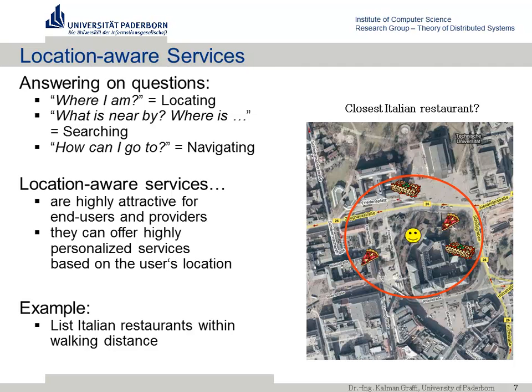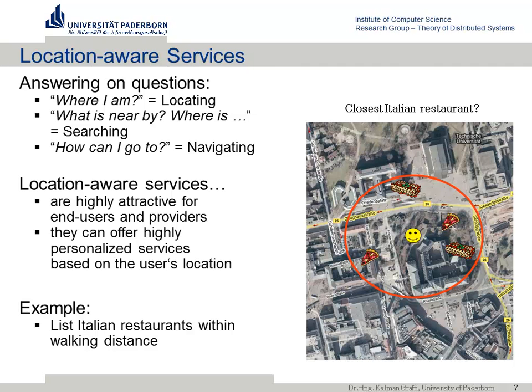And these kinds of location-aware services are coming currently. There's a trend, and you find applications like Bebo, I think, or Foursquare. That's also location-based. So it's highly attractive for end users and providers to really support that kind of location-aware services.